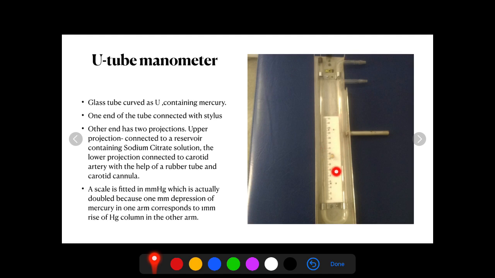That's why the scale is double, with the help of which we can measure blood pressure, not systolic or diastolic, it is the mean arterial pressure. But this measurement will vary from the actual measurement because of the high inertia of the mercury. This is not used to measure blood pressure, but is used to see the variation of blood pressure under different physiological and pharmacological conditions.